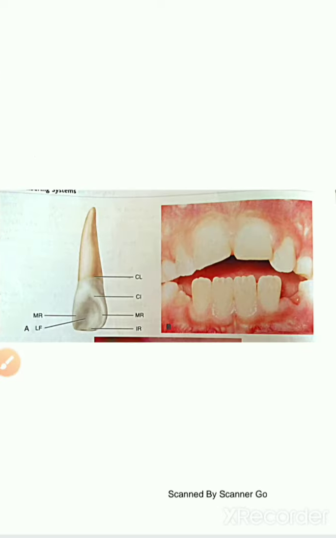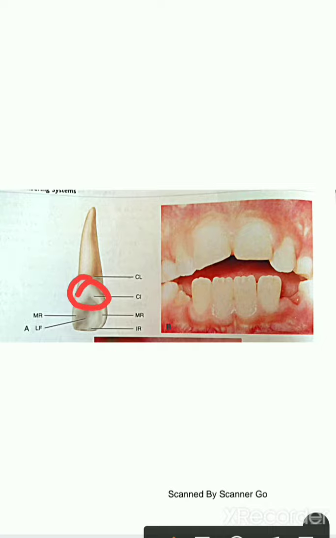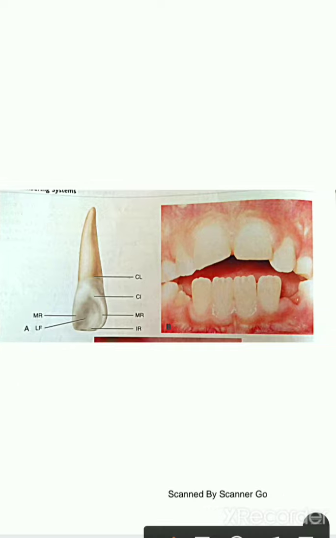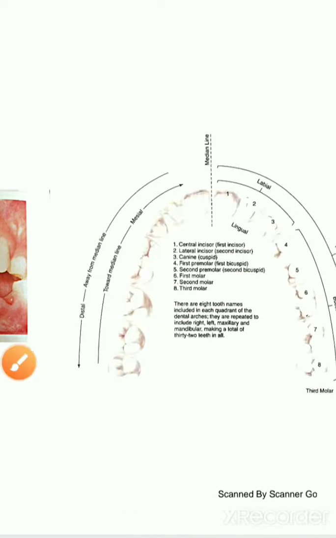Next, this is the lingual side. We have a cingulum, which is a prominence, and we also have the cervical line here. The fossa, known as the lingual fossa, is where the tongue usually rests. If there is no proper occlusion, it can lead to the formation of an open bite.